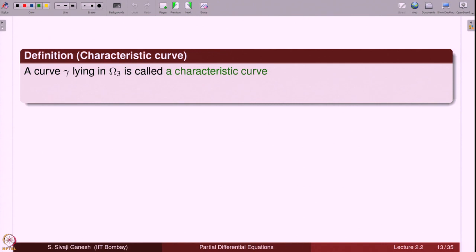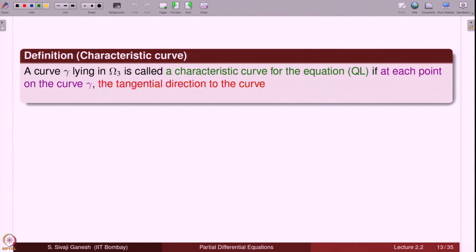Now, characteristic curve. A curve gamma lying in omega 3 is called a characteristic curve for the quasi-linear equation QL if at each point on the curve gamma the tangential direction to the curve is the same as the characteristic direction; both directions coincide.